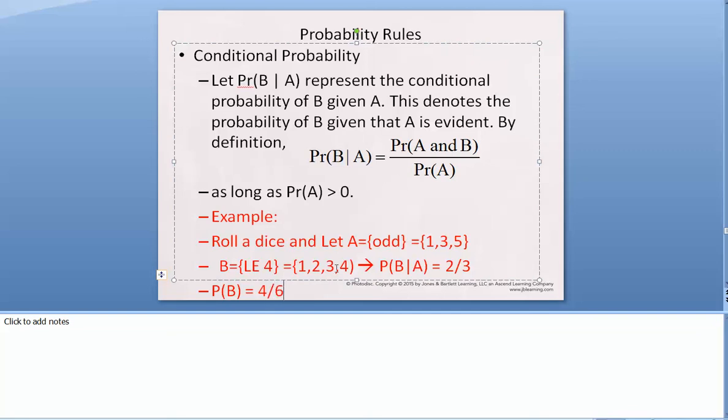That again turns out to be the same, which is actually 2/3. But typically you will not get the same answer. We will talk more about this in another slide. All right, now let's go to the next slide.